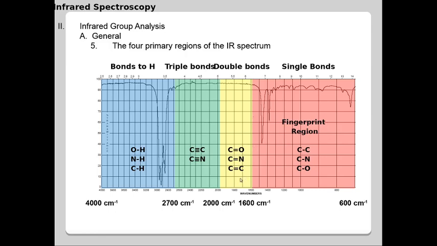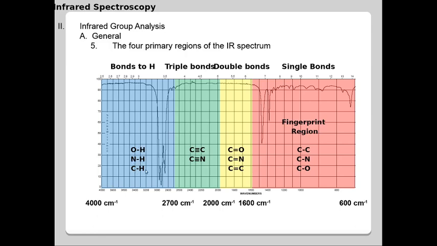So from almost 1400 to 4000 centimeter inverse, we have the functional group or group frequency region, in which the spectral region from 1600 up to almost 2000 centimeter inverse is associated with the vibrations of double bonds, such as the ones in the carbonyl system, C double bond O and C double bond C. Then the region from 2000 to 2700 centimeter inverse deals with the vibrations of triple bonds, such as C triple bond C and C triple bond N. And the region from 2700 up to almost 3600 centimeter inverse deals with the vibrations of bonds which involve a hydrogen atom, such as OH, NH and CH.